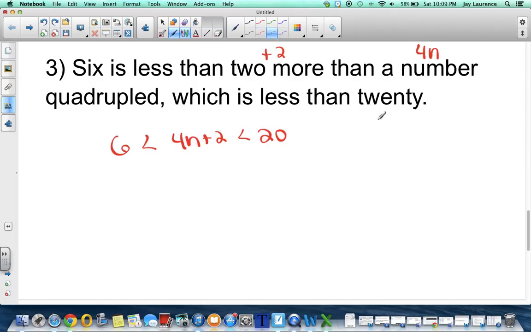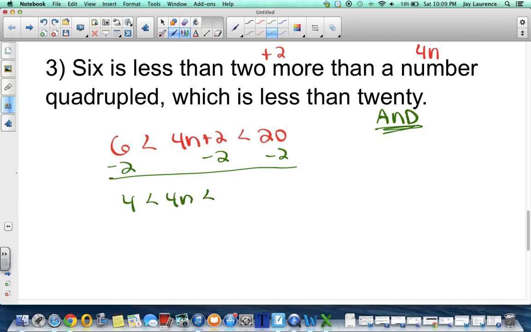So this is going to be an and, isn't it? It's going to be an and, even though the word and didn't appear in the sentence. Well, I'm going to subtract 2, subtract 2, subtract 2, and I'll get 4 is less than 4n, which is less than 18. I'll divide by 4. Inequalities won't flip. Hey, if I was dividing by a negative, which inequality would flip?